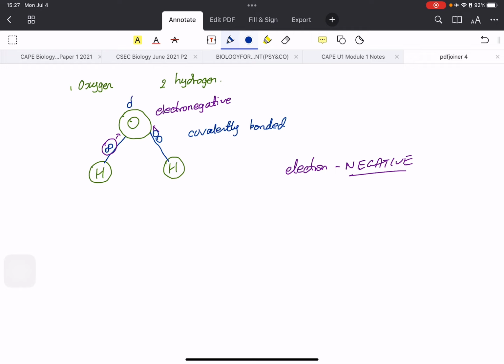So we draw this little delta sign here, and we put a negative charge by the oxygen. That's because the negatively charged electrons are closer to the oxygen atom than the hydrogen atom. Now, if the oxygen atom is partially negatively charged, this automatically makes the hydrogen atoms partially positively charged, both of them, right?